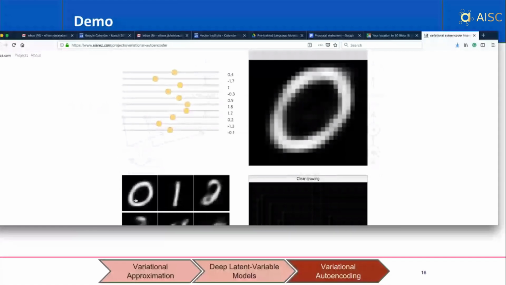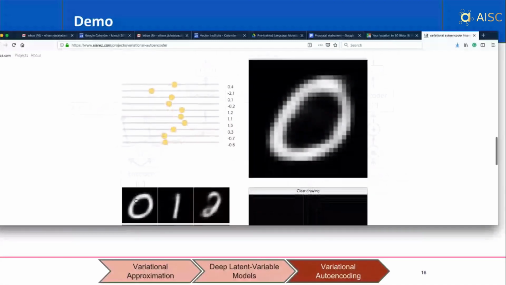As far as I remember for this demo, it samples. For example, if I click on 0, it takes a sample from the latent representation for 0 and generates a sample for me. This is what it does.